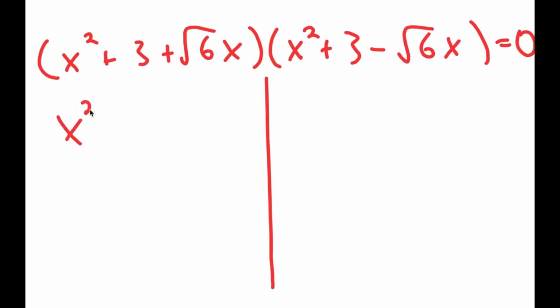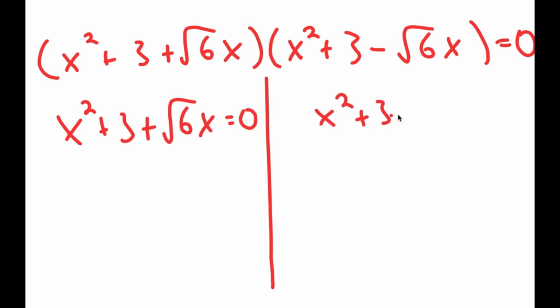I have x squared plus 3 plus the square root of 6x is equal to 0, and x squared plus 3 minus the square root of 6x equals 0. Because both of these are quadratic equations, you can use the quadratic formula to solve them. I'm actually not going to do that in the video, but you can try that yourself.